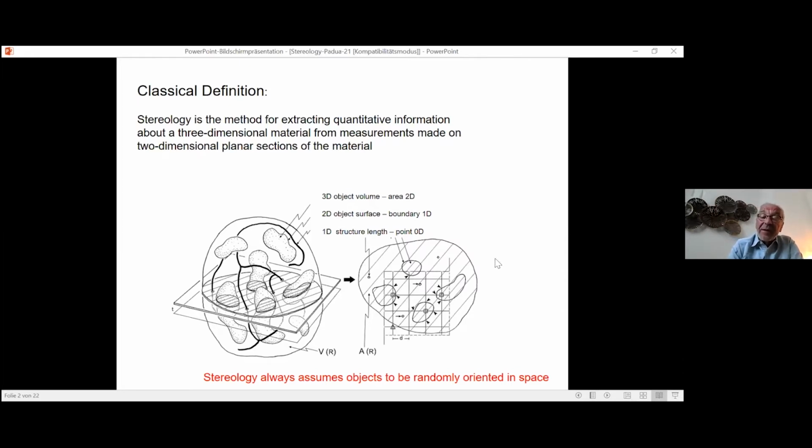Under these conditions, when you section tissue, three-dimensional objects such as mitochondria become areas. The object surfaces, like the mitochondrial surfaces, become a boundary length, and linear structures become just points.